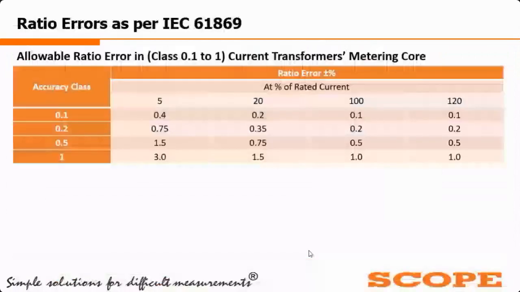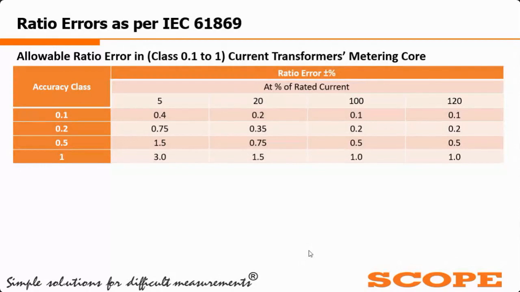Here you can see IEC 61869 has given some guidelines for interpretation of the results or ratio error consideration, that is allowable limits of ratio error for metering cores, with accuracy class 0.1 or 0.2 or 1, and percentage of rated current accuracy as given.